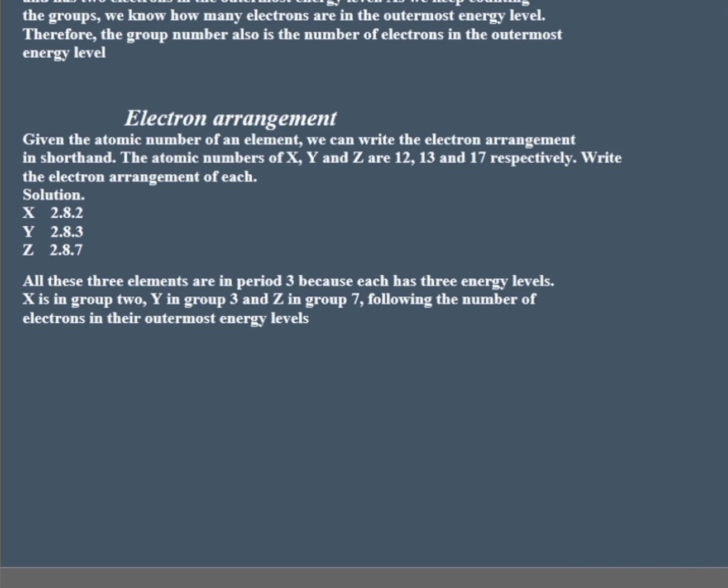Now the number of energy levels will help us to know the period that the element is in, and the electrons in the outermost energy level will help us to know the group that it is in.